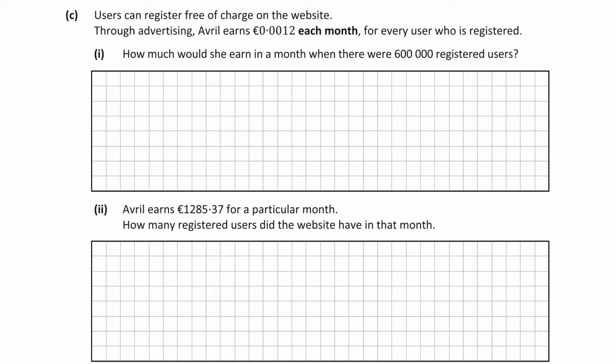Okay. So all we need to do is, if every registered user earns her 0.0012 euro, then obviously what I need to do is multiply 600,000 by 0.0012.